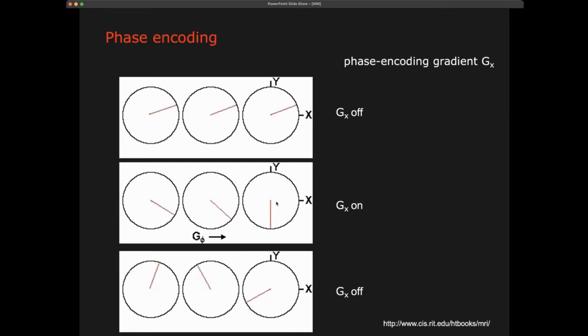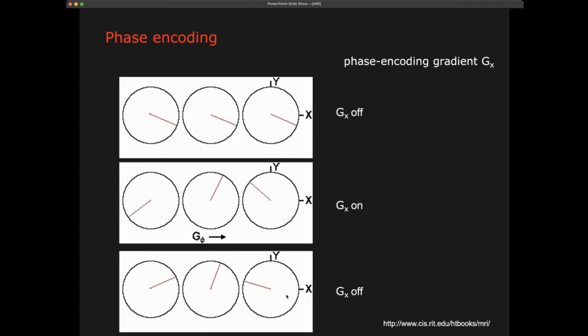And if we make them go faster or slower for a certain amount of time, so we switch on this gradient and then we switch it off again, after we have switched it off, they start to rotate again with the same speed. But what we see is that they are now rotating at a different phase.